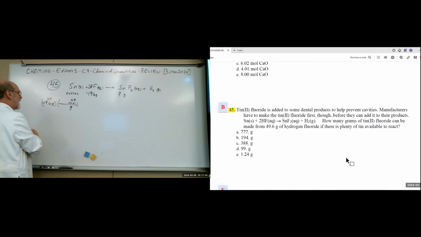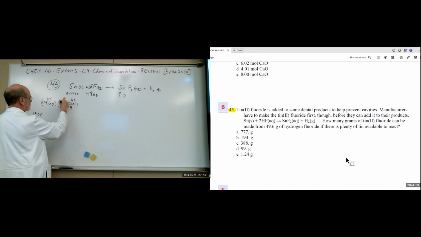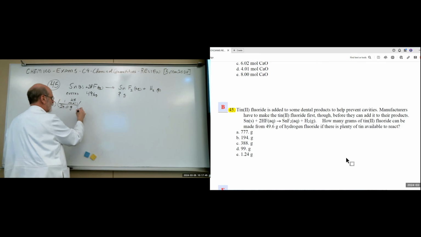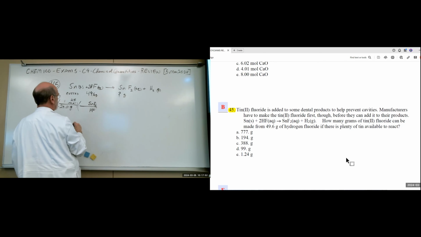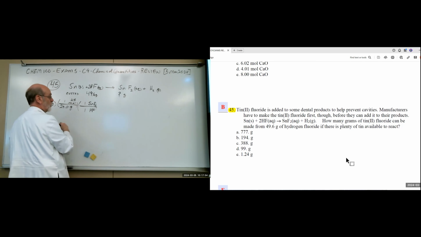We need a molar mass, right? 19 for fluorine and 1.01 for hydrogen is 20.01. Okay, so that gives us moles of HF. Then we want to convert HF into tin-2 fluoride, and the ratio there is 1:1.